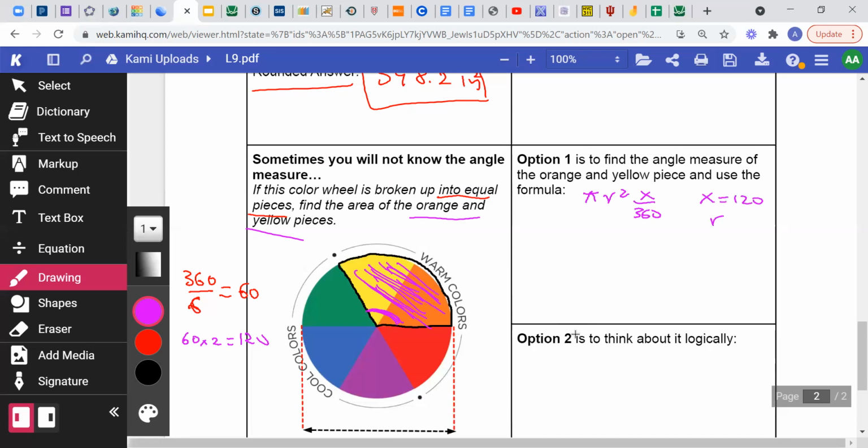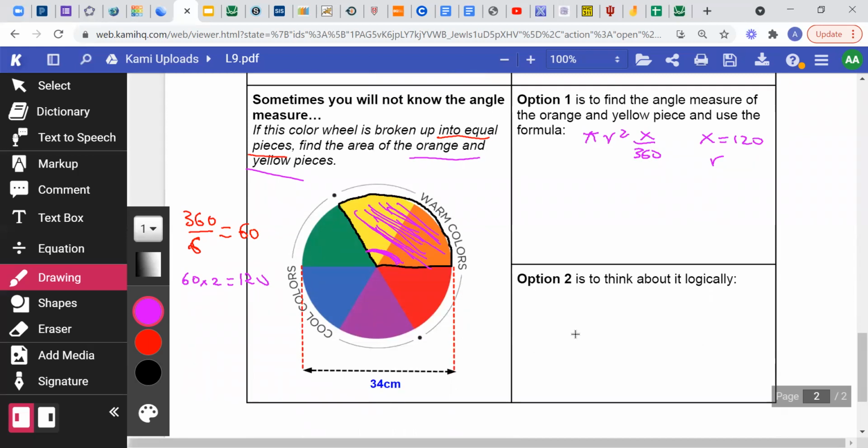And what is half? Here we know that from one point of the circle to another passing through the center is the diameter. And then we know that radius is always what? Half of the diameter. So what is half of 34? Jovara, what is half of 34? Yes.